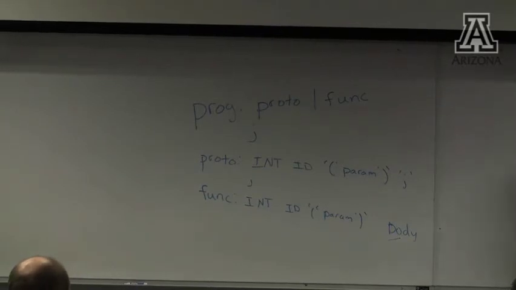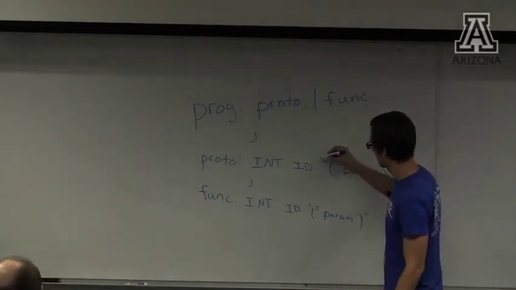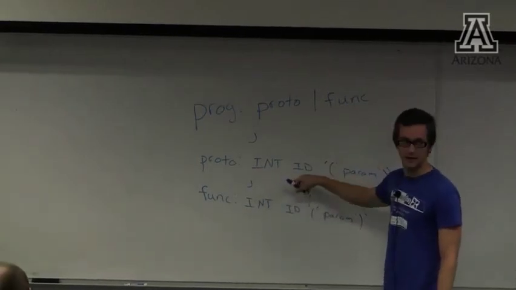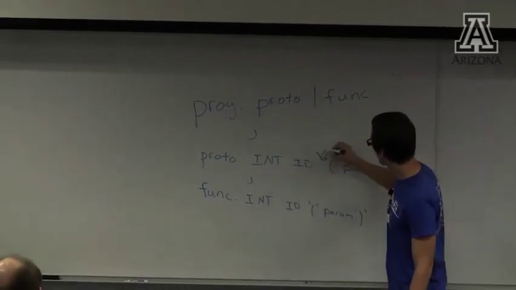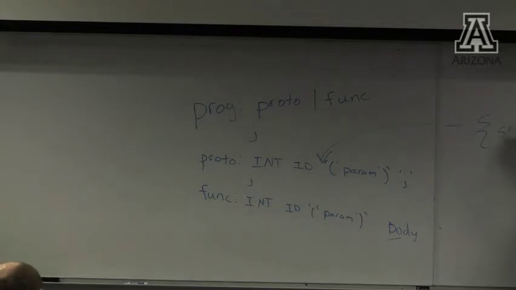Let's say we actually want to do something. Let's sidestep error handling for a second because errors are weird. No one wants to talk about them. Let's say we actually want to do something semantically, like we were talking about earlier, right? So maybe we want to, I'm going to put an arrow because I don't want to rewrite this, but let's say once we've seen that we're in a prototype of some sort, we want to set variable scope to local rather than global or something, right?